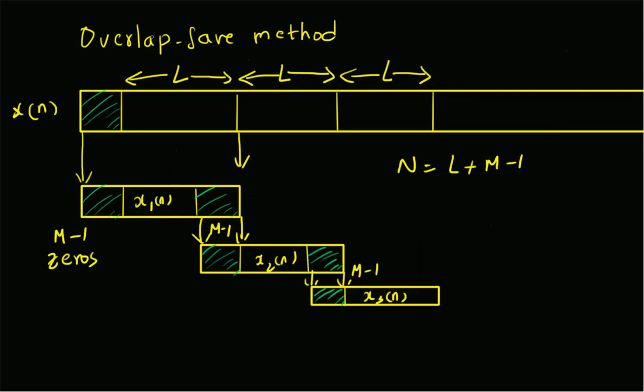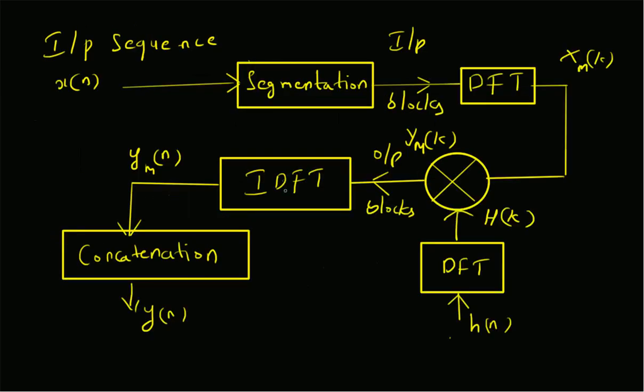So to summarize, in this video we have looked at the filtering of long data sequences, specifically using the overlap save method. So this is the block diagram for filtering of long data sequences using segmentation and concatenation, and the DFTs, of course.